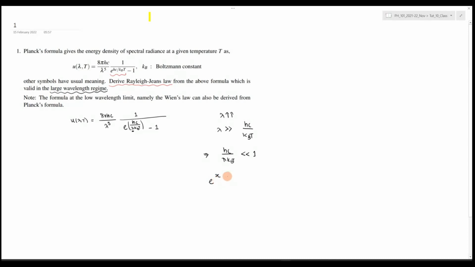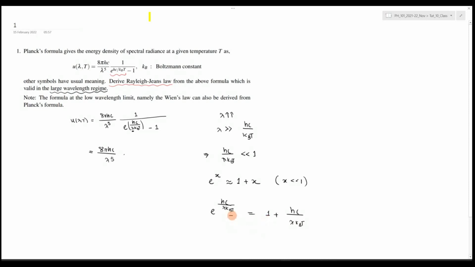Now e to the power x for x very much less than 1 becomes 1 plus x. So we will use this approximation. This will become lambda to the power 5. E to the power hc by lambda kbt will become 1 plus hc by lambda kbt, right?